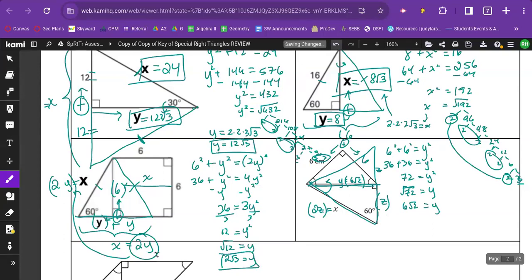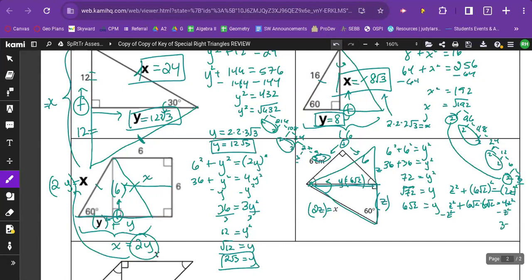So this will be z squared plus 6 root 2 squared equals 2z squared. So we'll have z squared plus, and I would write this out as 6 root 2 times 6 root 2, equal to 4z squared. I'll subtract the z squared and simplify.